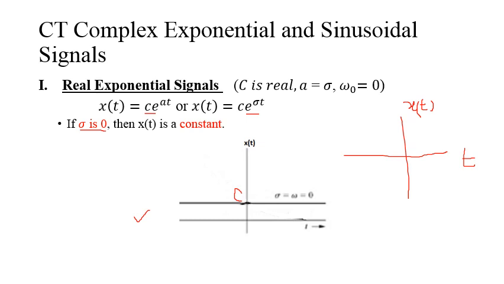It can be the time t, which is a continuous variable, and it can also be n, which is a discrete variable, or we say that it has integer values, right? So for this particular case, if C is negative, the resulting signal will have values something like this. So I hope you understand. Okay, so this is the third part for the case when both C and A are real.